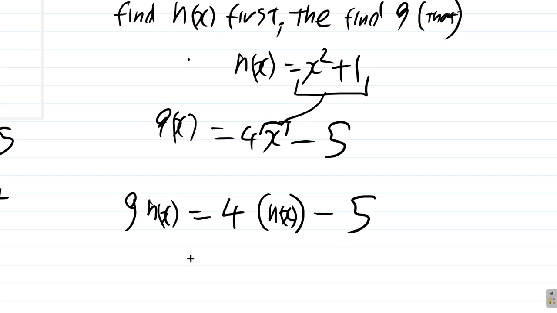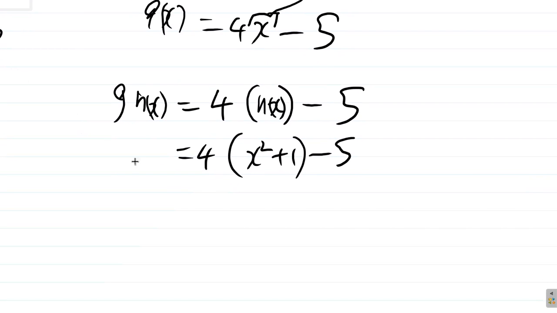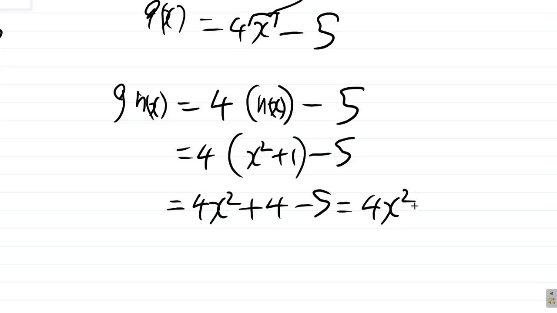Which would be 4 times x squared plus 1 minus 5. Okay? Make sure you follow it up. So this would be 4x squared plus 4 times 1, 4, minus 5, which is 4x squared. 4 minus 5 is negative 1. So it's 4x squared minus 1 that you get. See that?